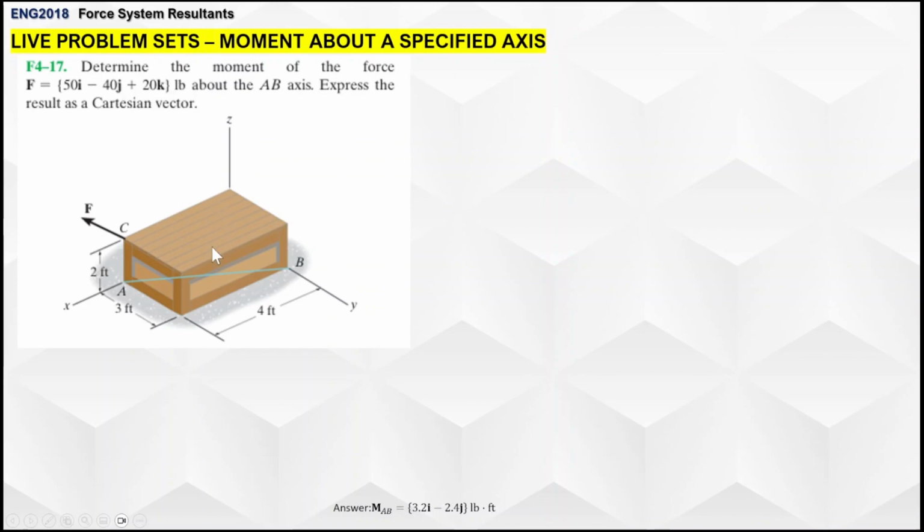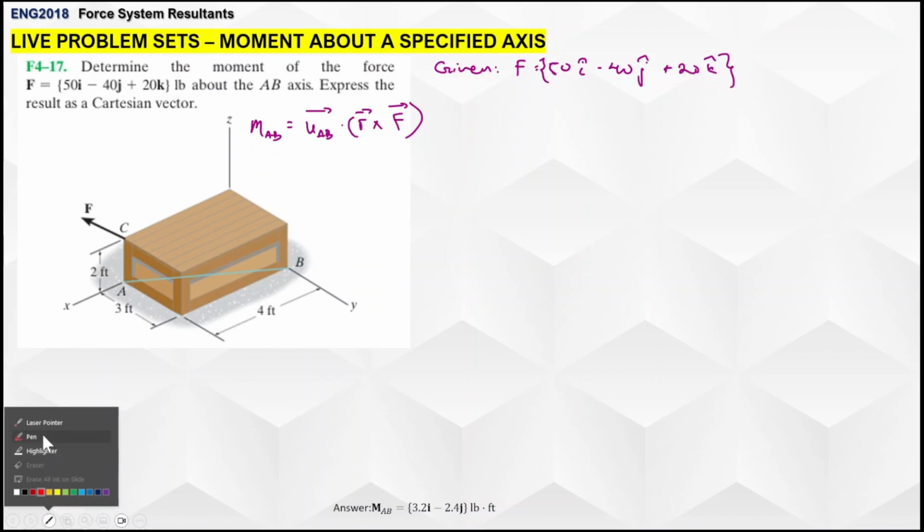How should we go about this? Okay, let's start first with the given. If you recall, you will be using this kind of formula here. But bear in mind that this only captures the magnitude.